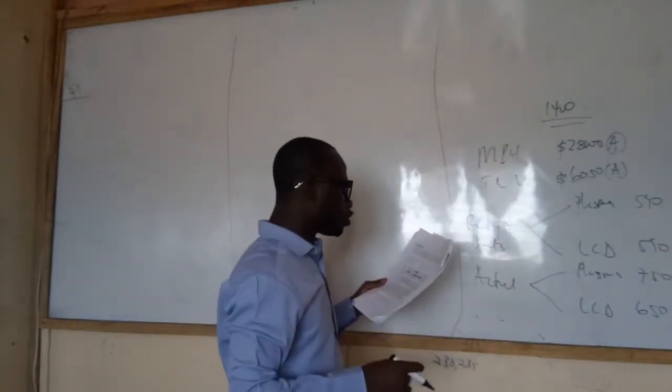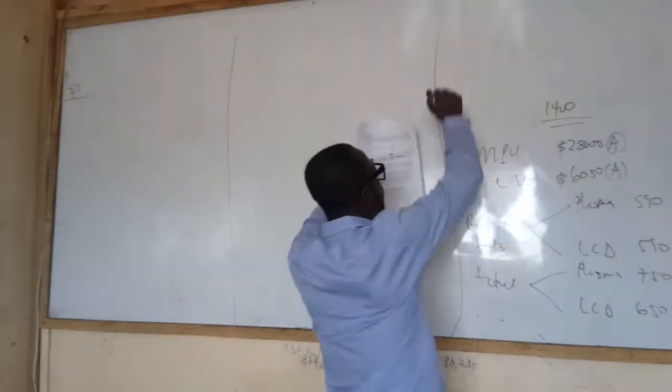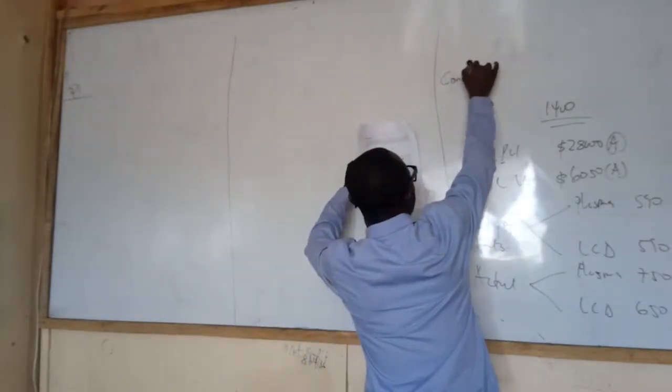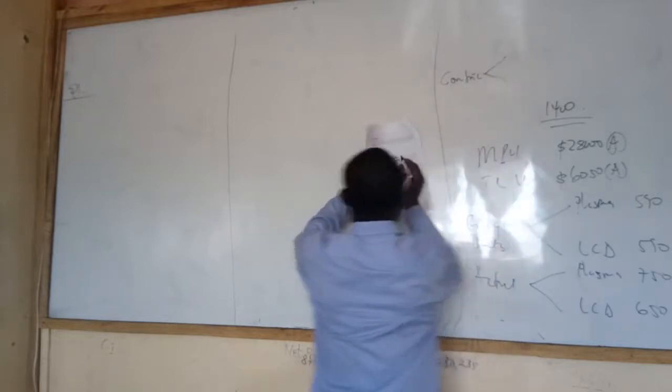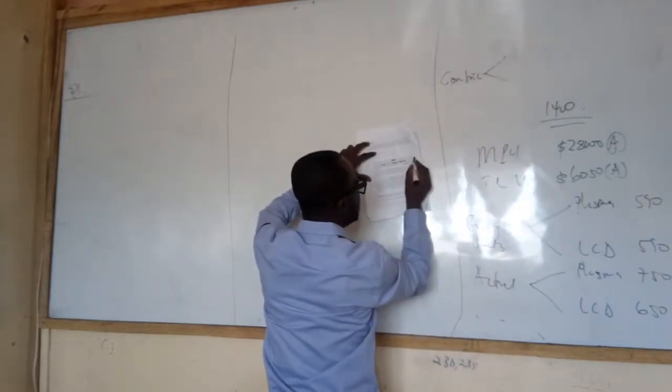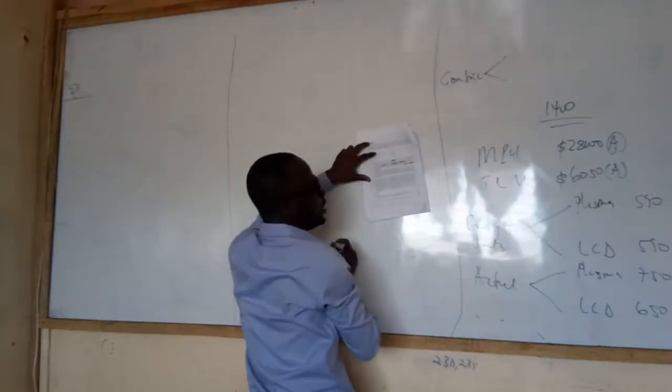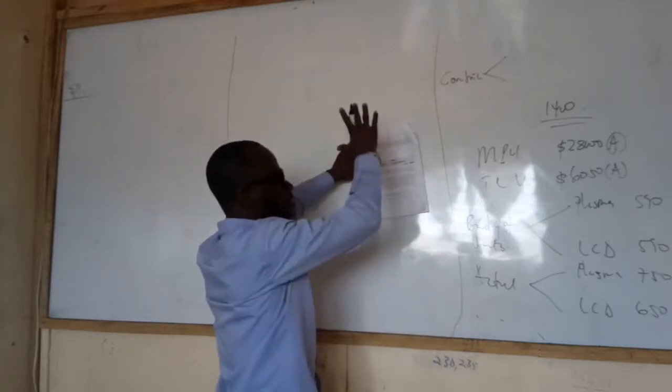The standard contribution for plasma and LCD are also given respectively as 190 and 180. That is note 1.